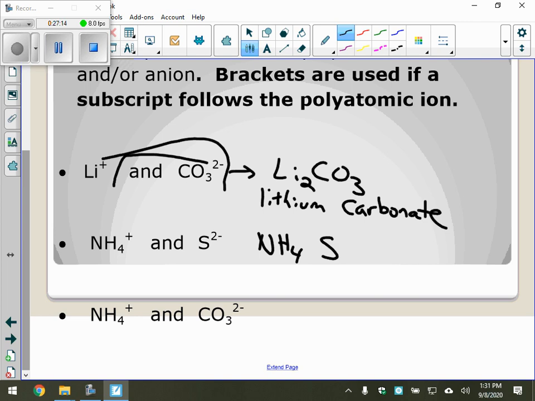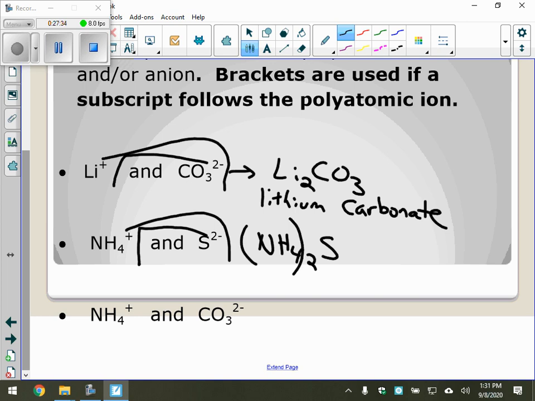Again, if I'm going to start with that and then do the swap and drop and reduce if I need to, which we'll talk about in a little bit. 1's going to come over and down. I don't write that. The 2 comes over and down here. So the 2 goes here. But does that look right to you even? No, you can't just put a 2 there, right? So we're going to need some brackets here, right?